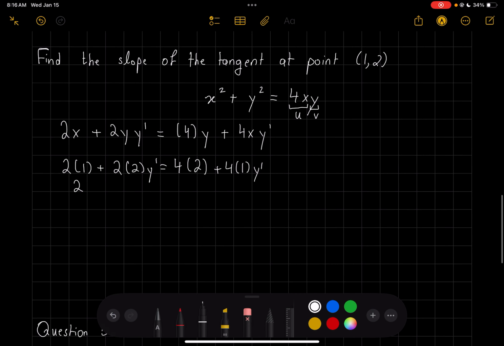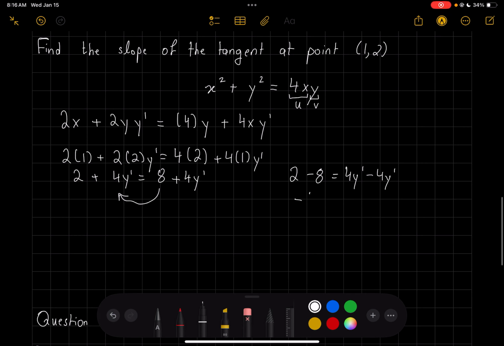It's going to be 2 plus 4y prime equals 8 plus 4y prime. Now if you notice over here, there's something weird, because if you keep the y prime on one side and the numbers on another side, this is what you're going to get: 2 minus 8, because I'm going to move the 8 over here, is equal to 4y prime minus 4y prime. And this is going to give you that minus 6 equals 0, which is impossible.